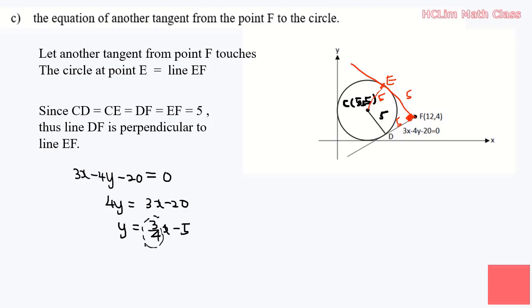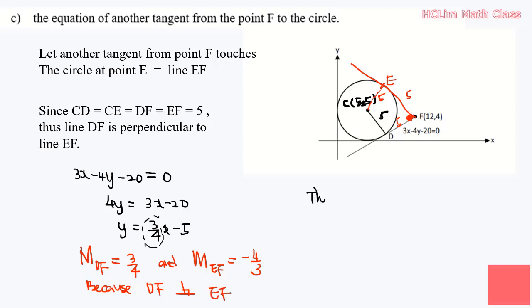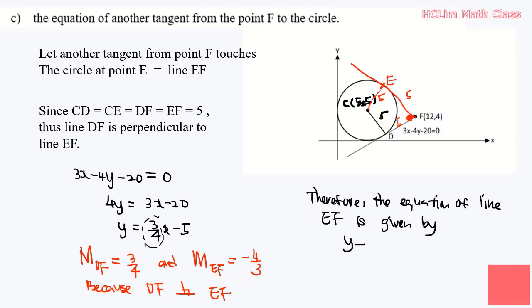So this is the gradient: m of DF is equivalent to 3 over 4, and m of EF will be minus 4 over 3, because DF is perpendicular to EF. So the equation of line EF is given by, using the point F, y minus 4 equivalent to minus 4 over 3 (x minus 12). We rearrange to have 3y minus 12 equal to minus 4x plus 48.